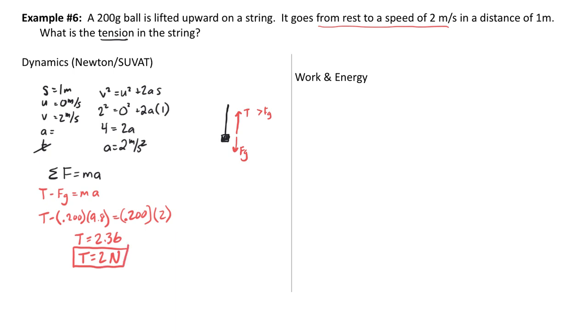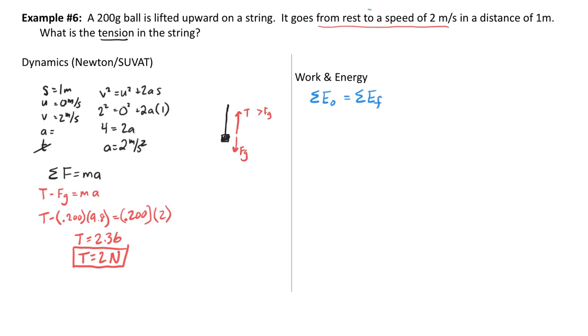Let's see if we can do that using work and energy now. Again, for energy, we're going to be looking at the ball and earth system, so we can include gravitational potential energy. Just like in the previous one, the sum of the initial energies must equal the sum of the final energies.